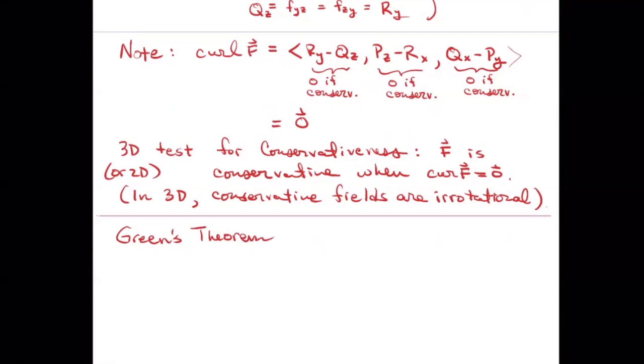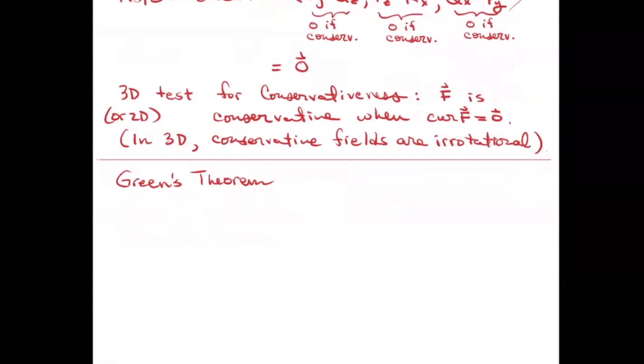This was for a line integral on a closed loop. So there's my loop, I'll call it C, with a counterclockwise orientation, and inside here is a region R.